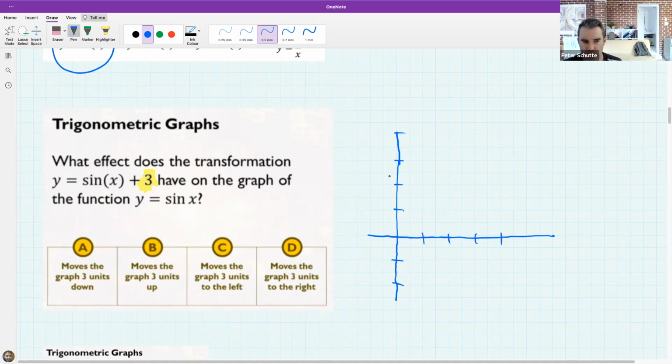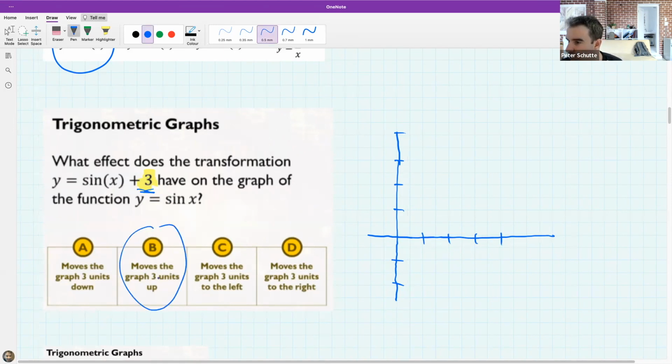Okay, so there's quite a few different answers coming in. The most popular, there's some B's, there's some C's, quite a few C's. The important bit to notice is the 3 is not inside of the angle bit. This plus 3 adds on at the end. And so if I had to draw this graph, the correct answer is going to be B.